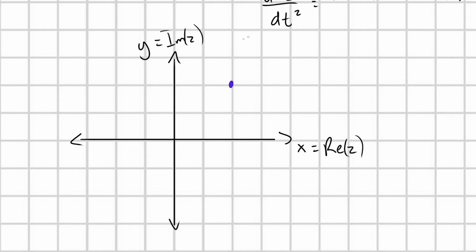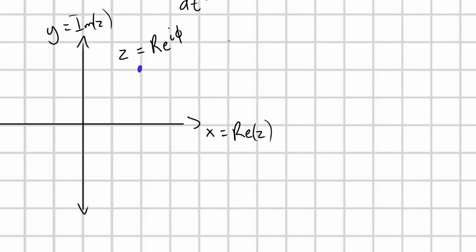All I'm going to say is that my particle is at some position z, and I'm choosing to write it in this form, r e to the i phi. And we don't really have any idea of what this outputs. So let me write this over here. z equals r e to the i phi.